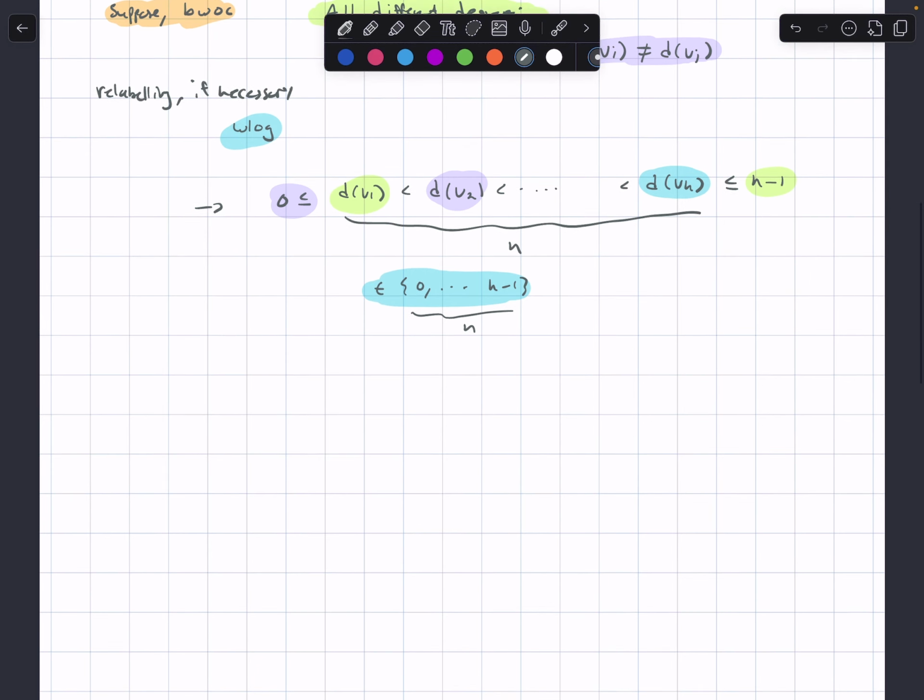So what does that mean? That means that the set of these degrees, d of v1, d of v2, through d of vn, is a subset of the set 0 through n minus 1, and it's a subset of the same size. Their cardinalities are equal.